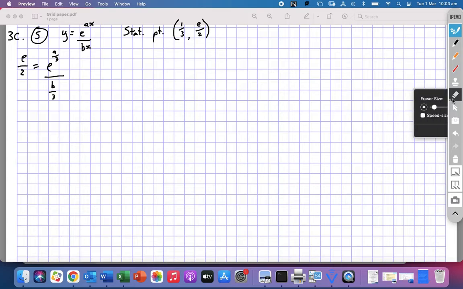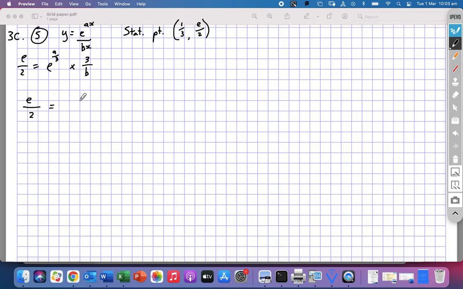Okay, if we do a bit of tidy up, we might think of this divide by b on 3 as a times by 3 on b. And then we could see that e on 2 is equal to 3 e to the power of a on 3 on b.